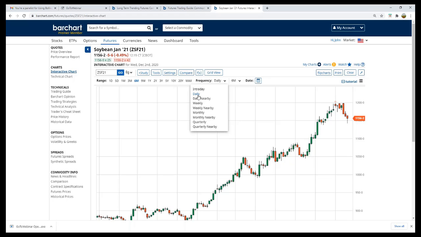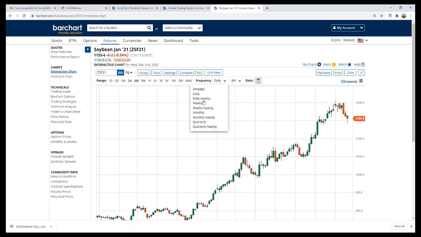Daily represents a picture, the chart is representing only the price action that is unique to the contract that we're actually looking at. If I look at a daily nearby, the first one is called a contract specific chart. Daily nearby is a collection of price action of the month that is the most active, or the front month, at the time when that candle or bar was being created.